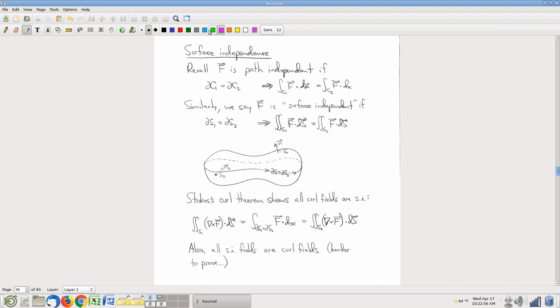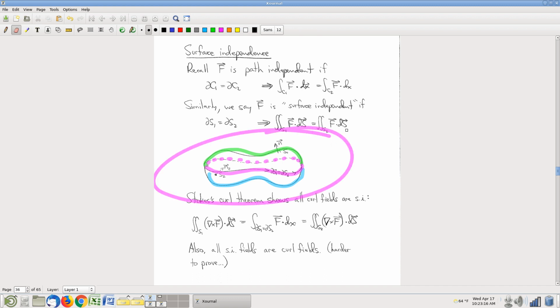To be thorough, if you have two surfaces that have the same boundary curve, right? If a vector field has the property, then in all such cases, the flux through the green surface and the flux through the blue surface are always the same.